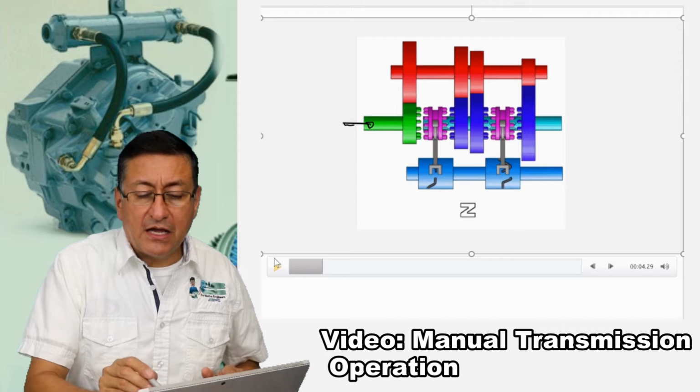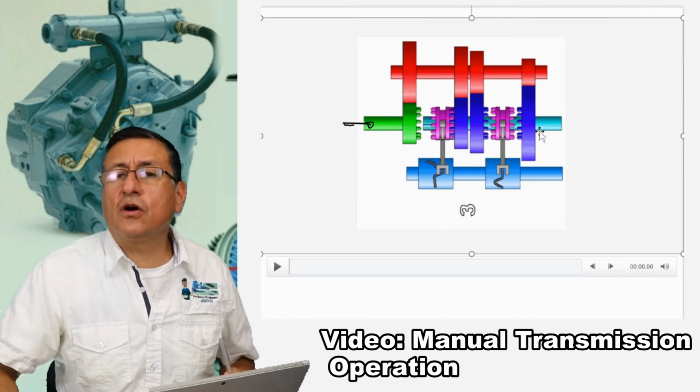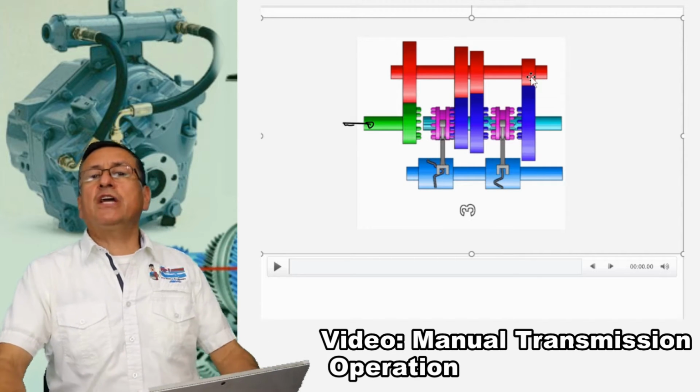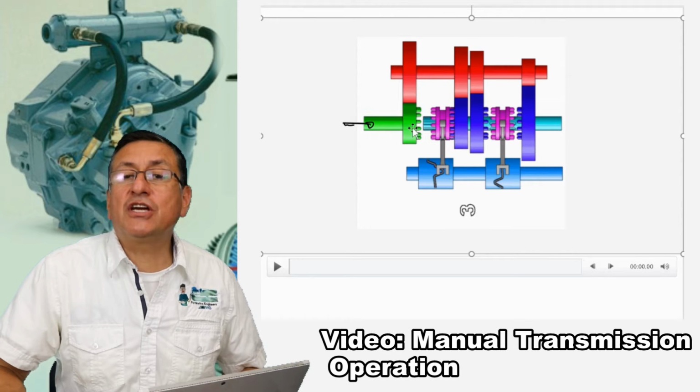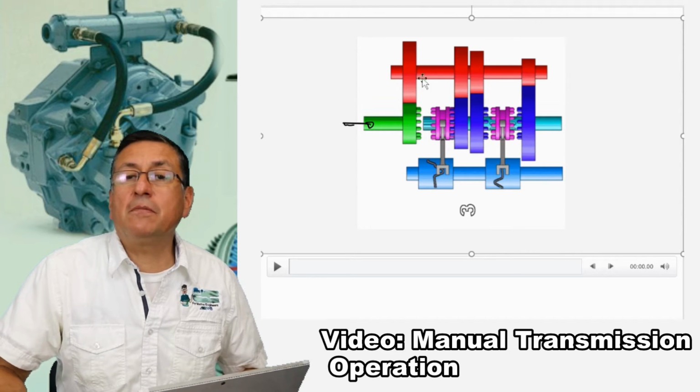In the first gear, the dog collar here engages with this gear and produces the first gear. If you check in this particular case, remember that this shaft is spinning at the same speed as this shaft. Alright, in this particular case, this is the multiplier.